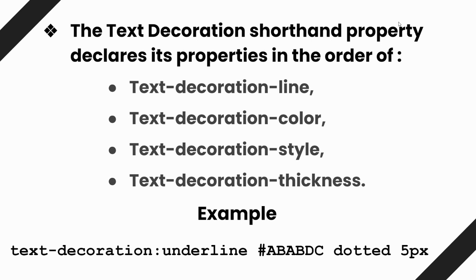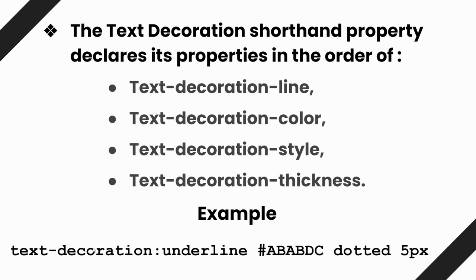It lets us assign values to each of these properties in a particular order, starting from the text decoration line, followed by the color, the style, and then the thickness. In the example on the screen, the text decoration property starts with the underline value, which is represented by the text decoration line, the first property.